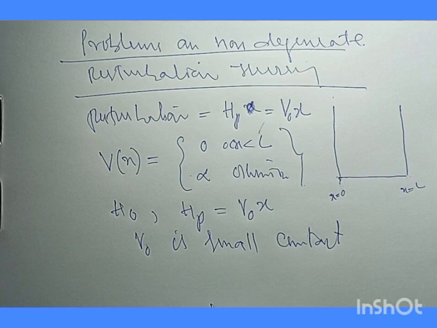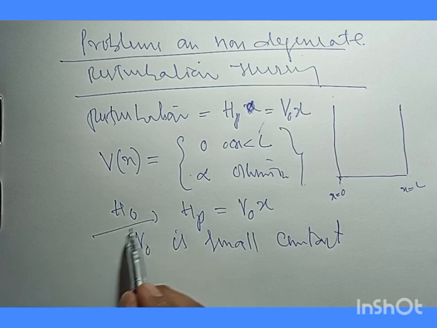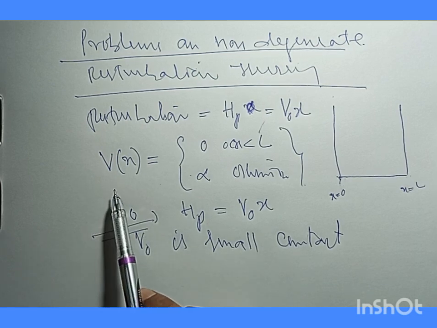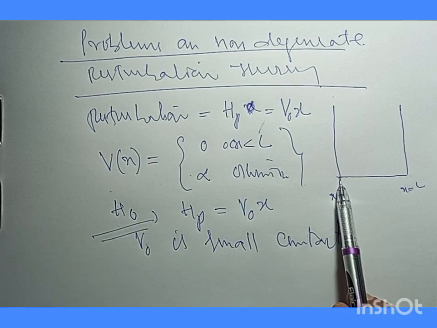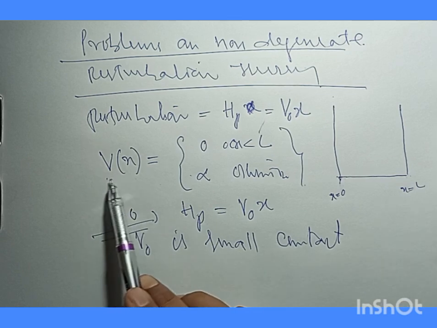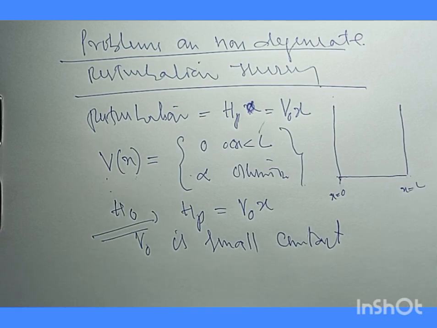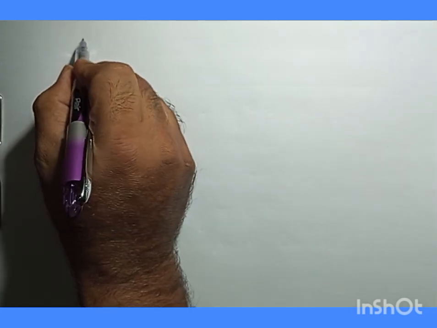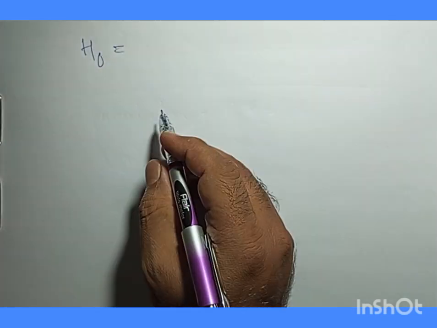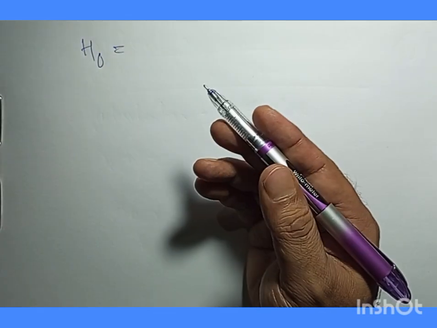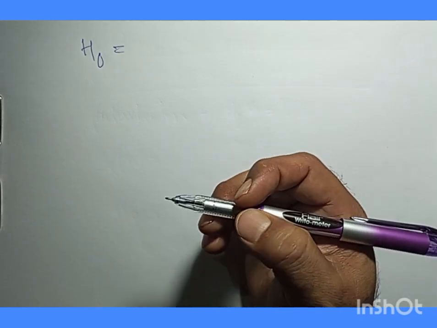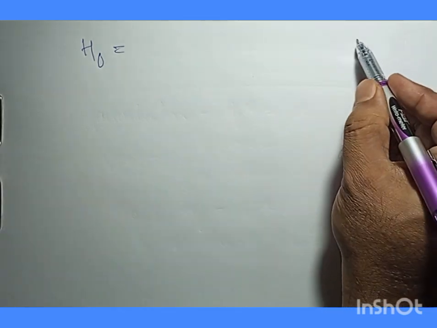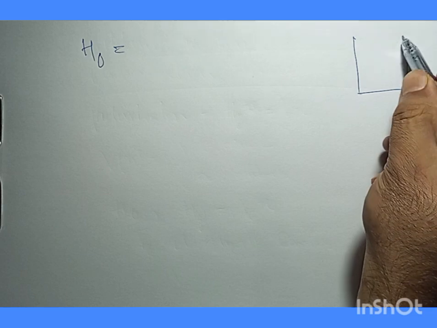So obviously we will have the unperturbed Hamiltonian, and we can see that the potential between x equal to 0 to L, V of x, is 0. So how would our unperturbed Hamiltonian look? Our unperturbed Hamiltonian, H naught, is basically the summation of the kinetic energy operator and the potential energy operator, but the potential inside the well is assumed to be 0.